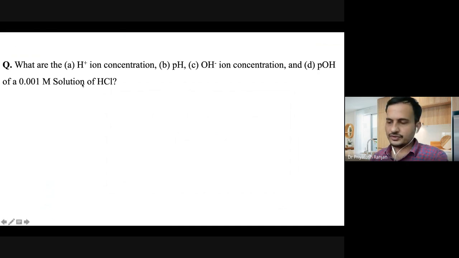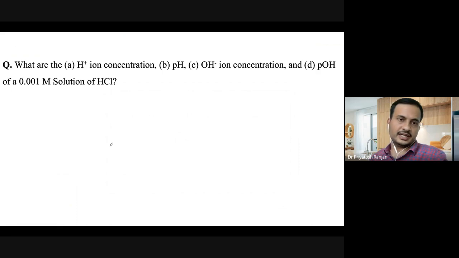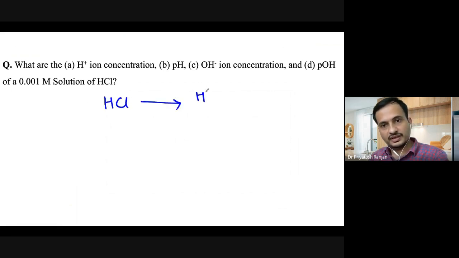Now the first thing which should come into your mind is what kind of acid HCl is, and we all know that with the help of the Ka value, HCl has a high Ka value that suggests that it's a strong acid which ionizes completely to give H plus and Cl minus.